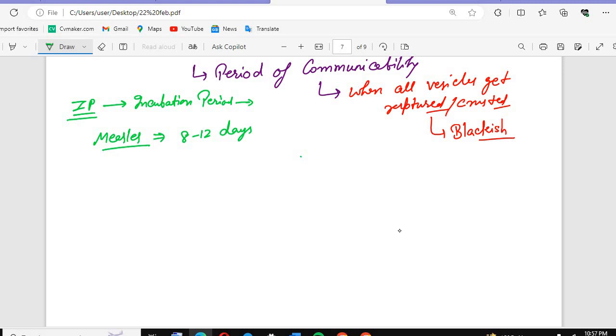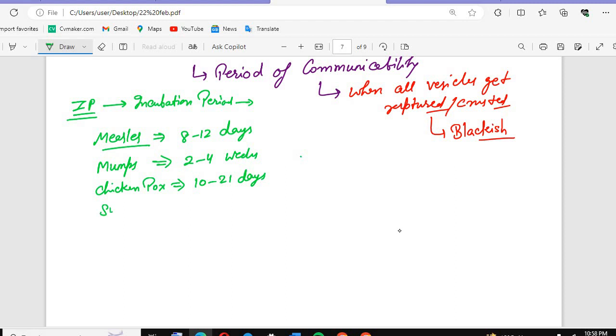Mumps has an incubation period of 2 to 4 weeks. Chicken pox has 10 to 21 days.